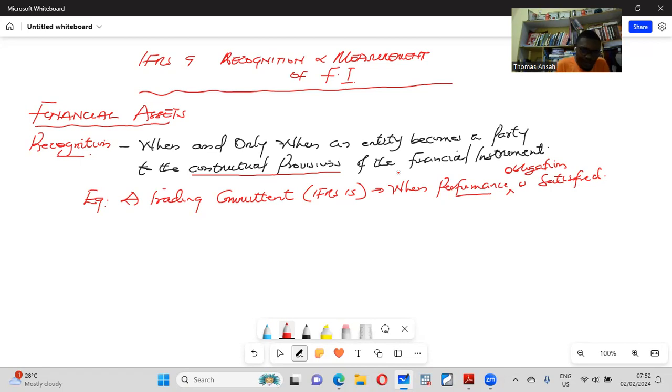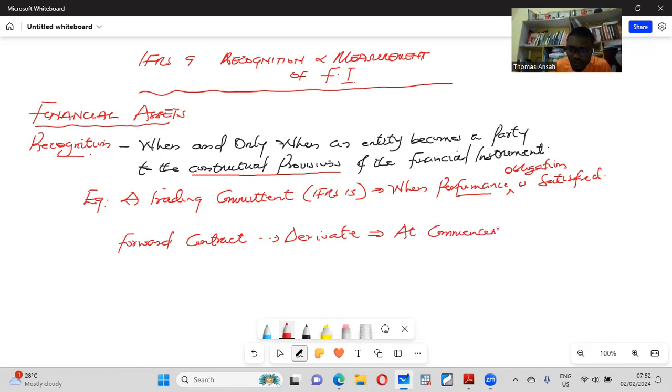All right. Again, let's look at a forward contract. You know a forward contract. These are derivatives. So a forward contract is a derivative. That one is slightly different from the way IFRS 15 deals with revenue recognition. Because when it is a derivative, a financial asset is recognized at the commencement date.